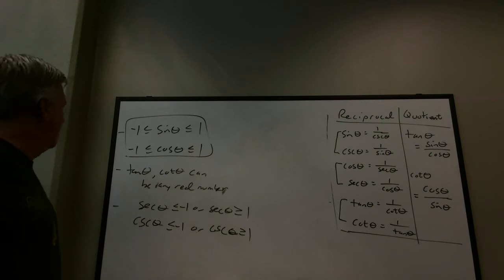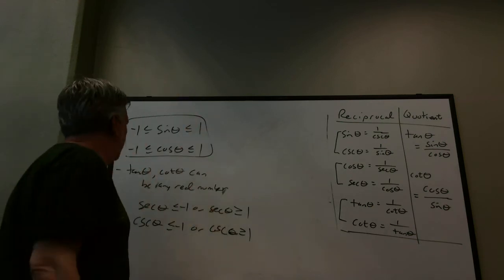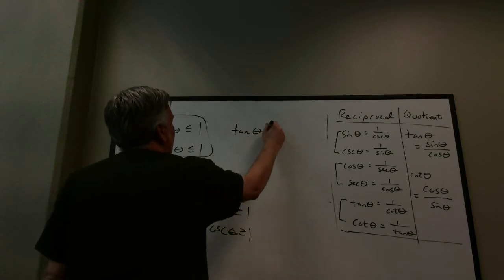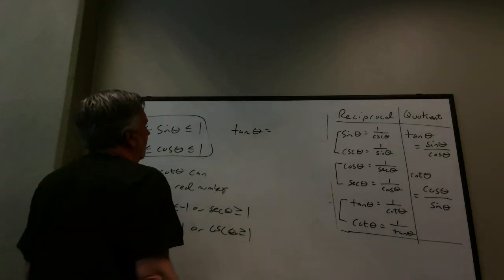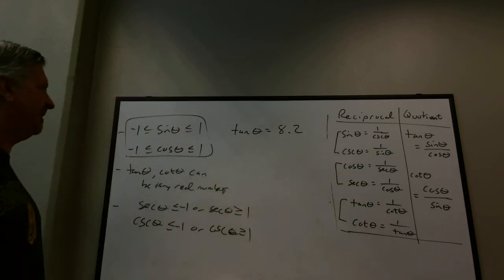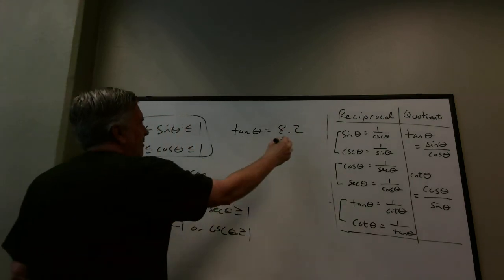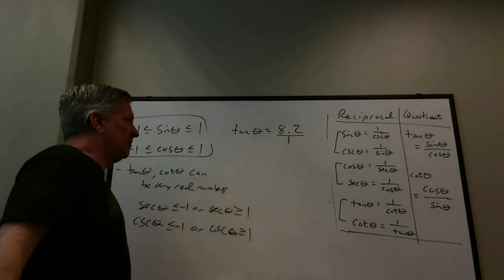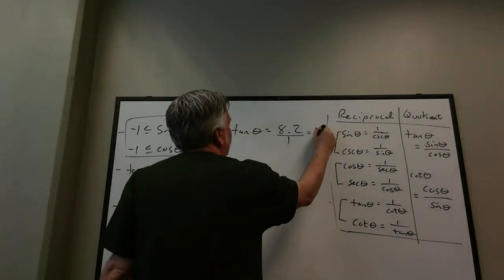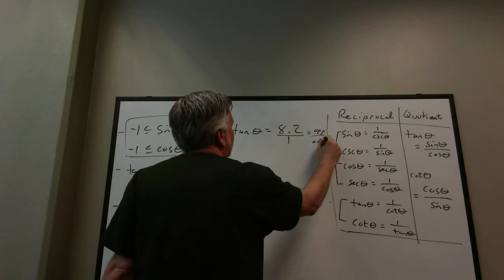Now why is that? Well, let's convince ourselves we can get tangent to be 8.2. I'm just making up a number to show you that you could do this anytime you want. Okay, think of that as 8.2 over 1, which is still 8.2. And remember, tangent is the opposite side over the adjacent side.